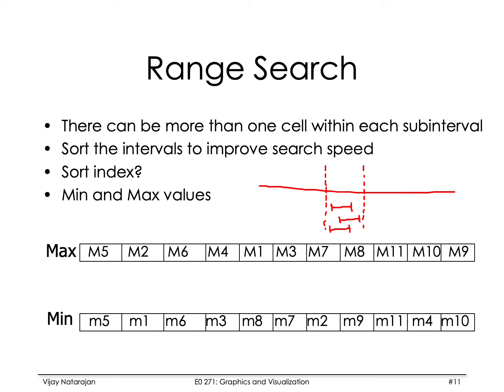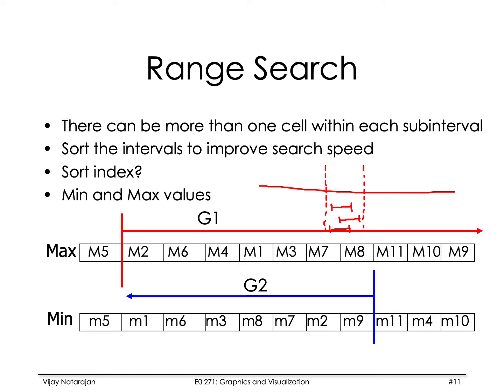Given an ISO value, I could identify G1 and G2. G1 is the set of all intervals whose max is greater than or equal to the ISO value. So in both cases the intervals are sorted in increasing order of the max and in increasing order of the min.